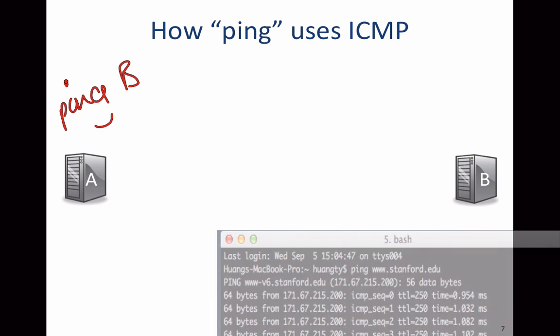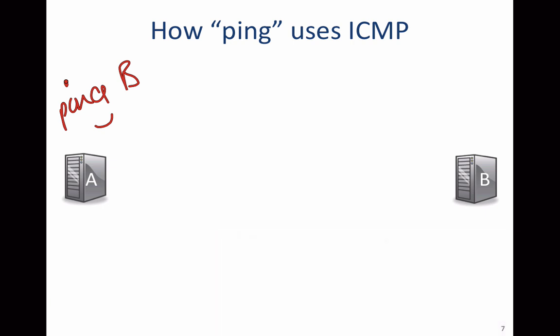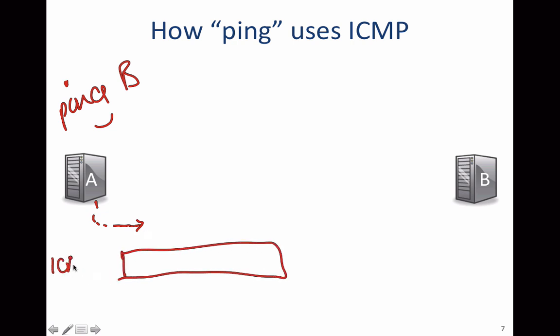The ping application calls ICMP directly. It sends an ICMP echo request, and so that will be a message that goes into the network. So this is ICMP. And it happens to be a message of type 8 code 0.